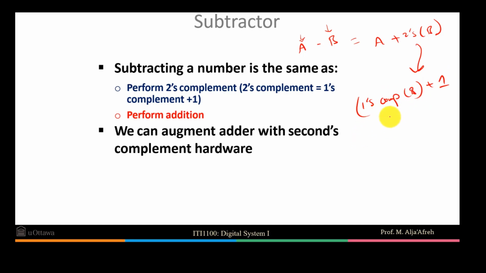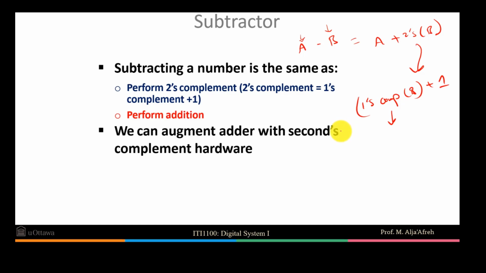How to get the 1's complement? Remember the shortcut, guys? We can flip or invert the bits of B. That's why the 1's complement is important. This is the answer for the student who asked why we study the 1's complement.